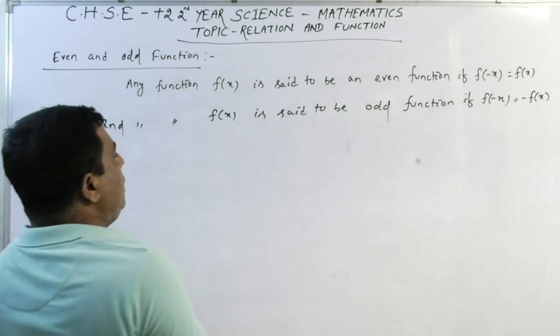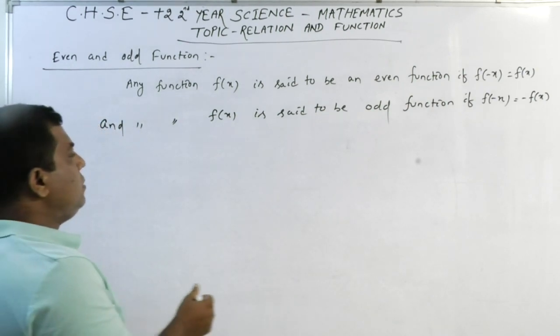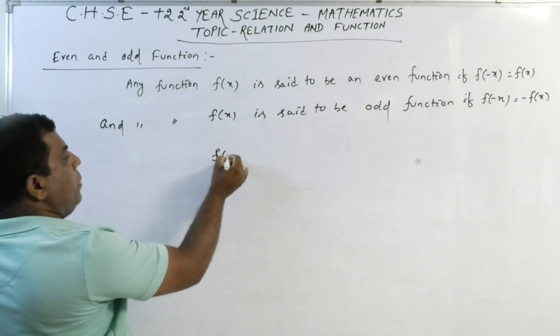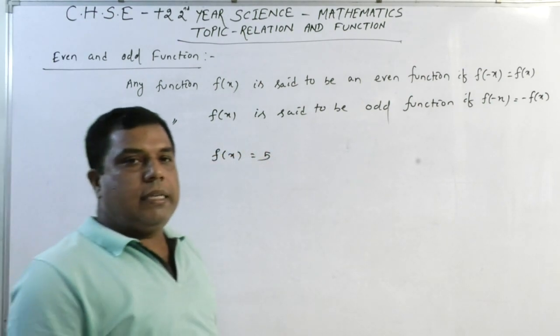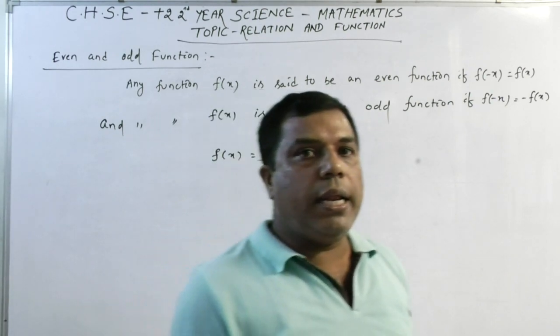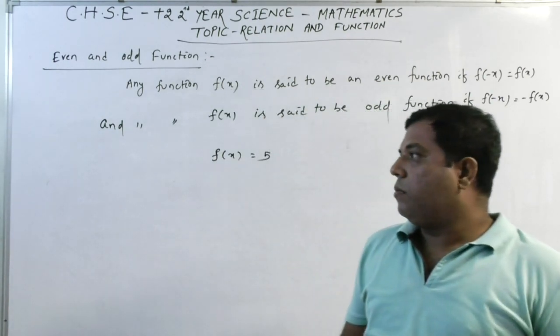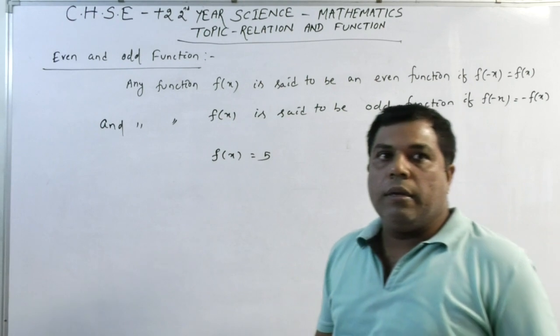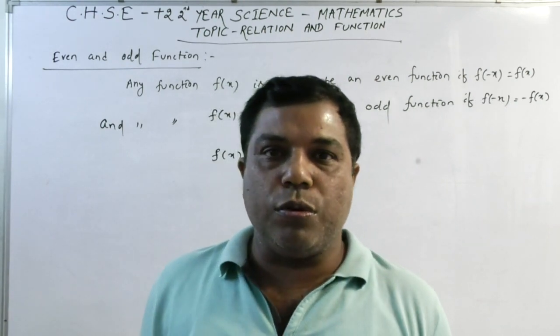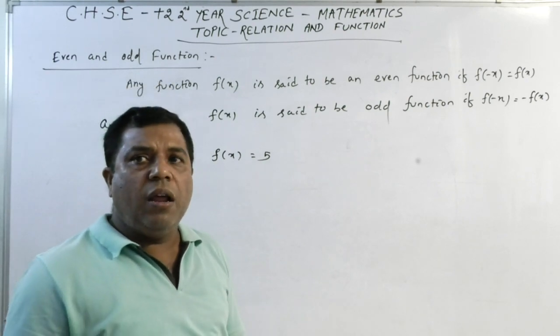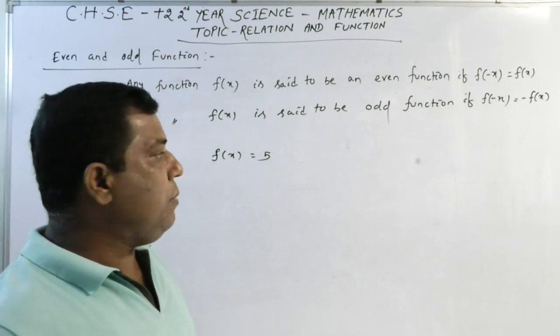Now suppose somebody asks you about a constant function f of x equals 5. Is it an even function or an odd function? Yes, my dear students, you are correct. It is an even function.